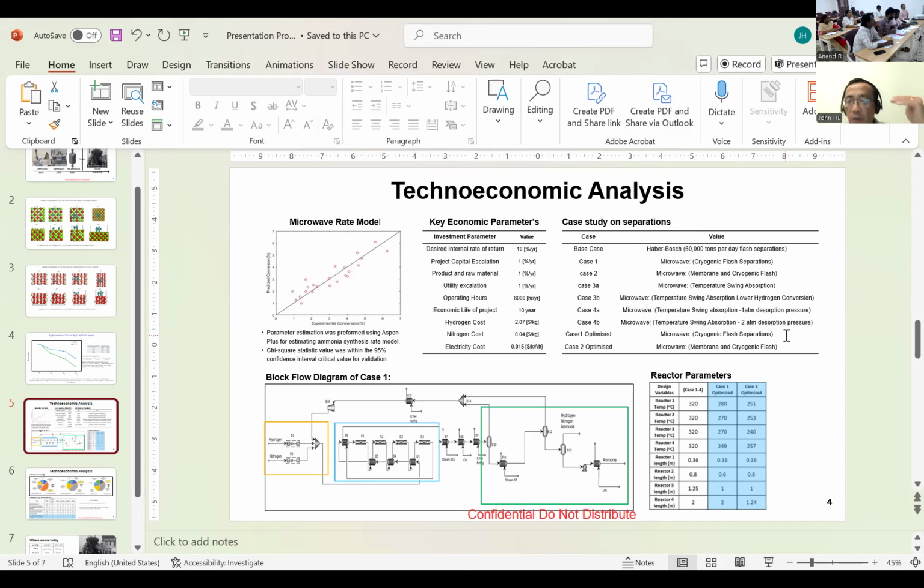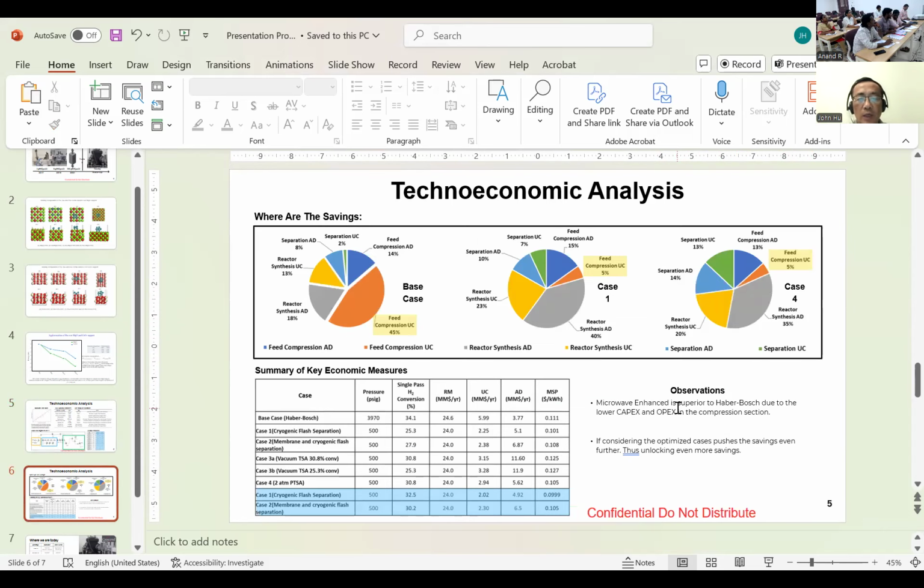It's very detailed, but behind the scenes, for each absorption you need to have kinetic data, which means how fast this technology can condense the ammonia. Those are the data behind. So we roll that into the estimate simulation. That's how we come up with this economic analysis.